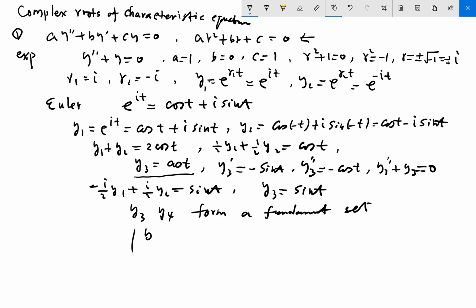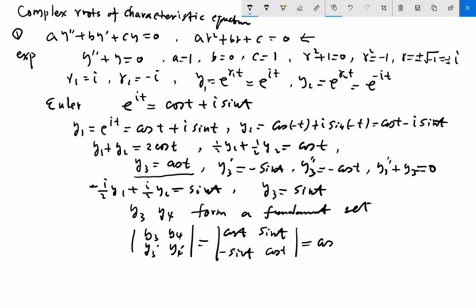Because we take the Wronskian of y3, y4, y3 prime, y4 prime. y3 is cosine t, y4 is sine t, y3 prime is negative sine t, and y4 prime is cosine t. The determinant of that is cosine squared t plus sine squared t, which equals 1, not 0.